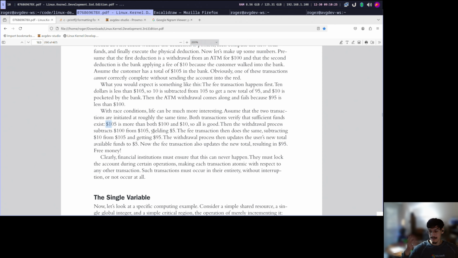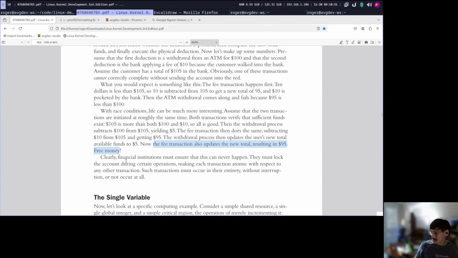So let's just withdraw. The withdrawal process subtracts 100 from 105, yielding 5. And the fee transaction does the same, subtracting $10 from 105 and getting 95. The withdrawal process then updates the user's new total funds to $5. And then after that, it just so happens that the fee transaction also updates a new total, resulting in 95.